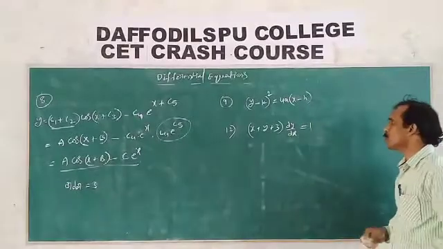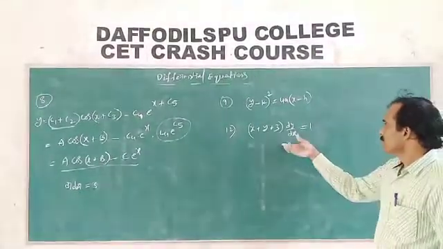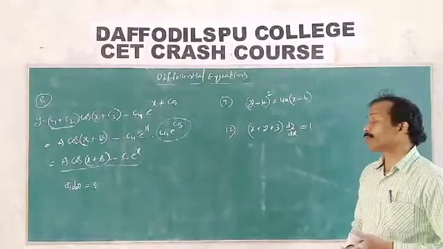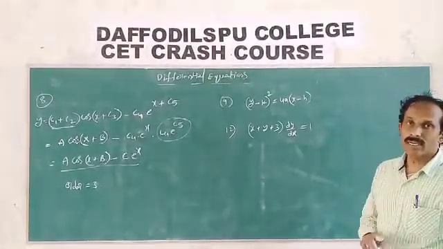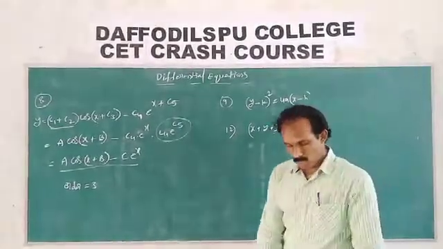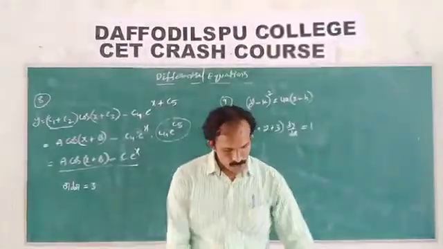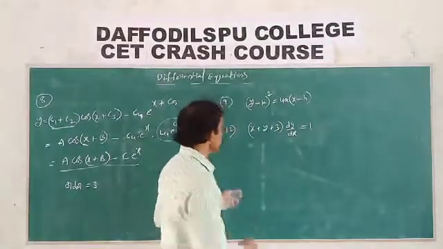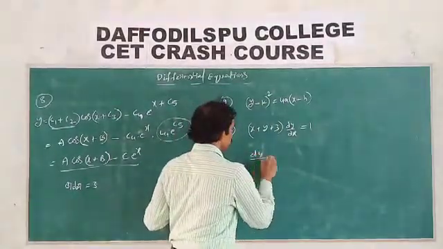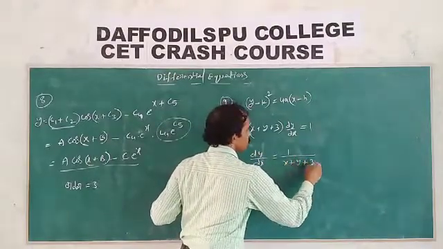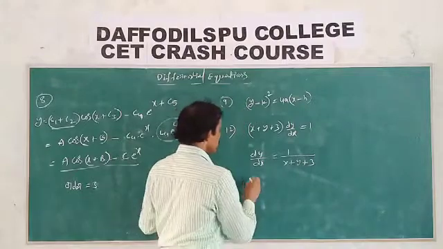Suppose, consider, is it possible to separate that? Two or three methods are there: either variable separable, homogeneous, or linear equation. Is it possible to change that function? Here also, suppose dy by dx is equal to 1 by x plus y plus 3. So that is a reciprocal.